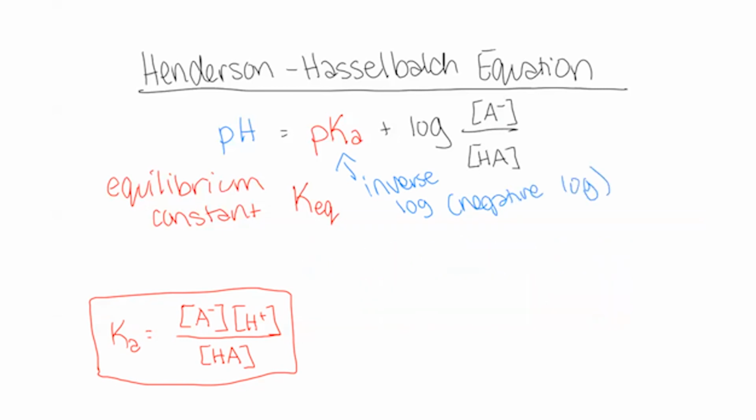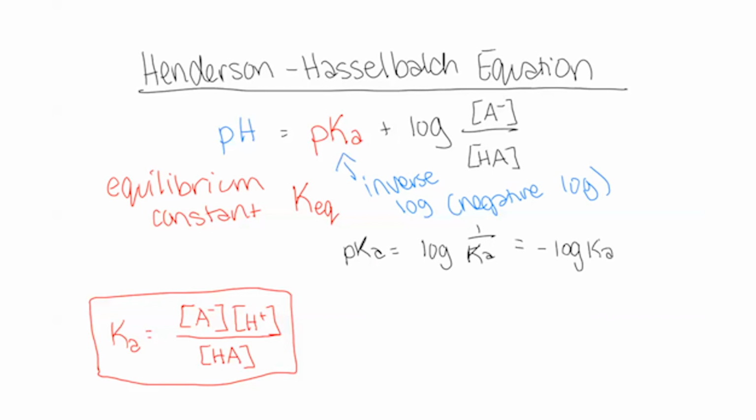So we get from the Ka to the pKa by taking the inverse log. So the pKa is going to be the log of 1 over the Ka, or we can also talk about it as negative log Ka.